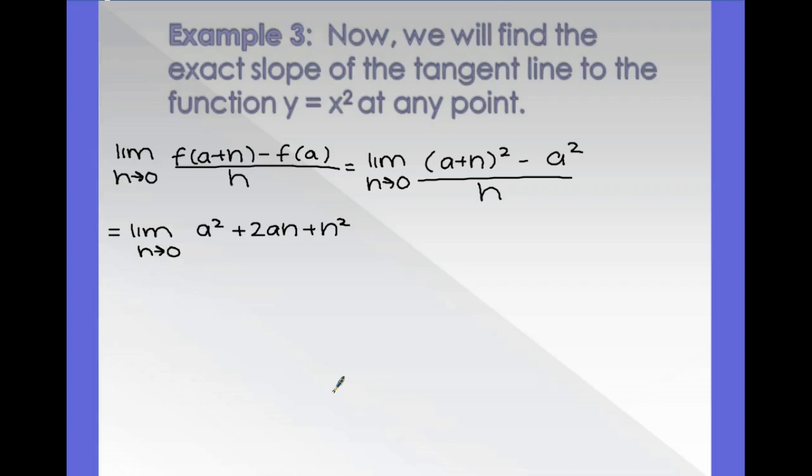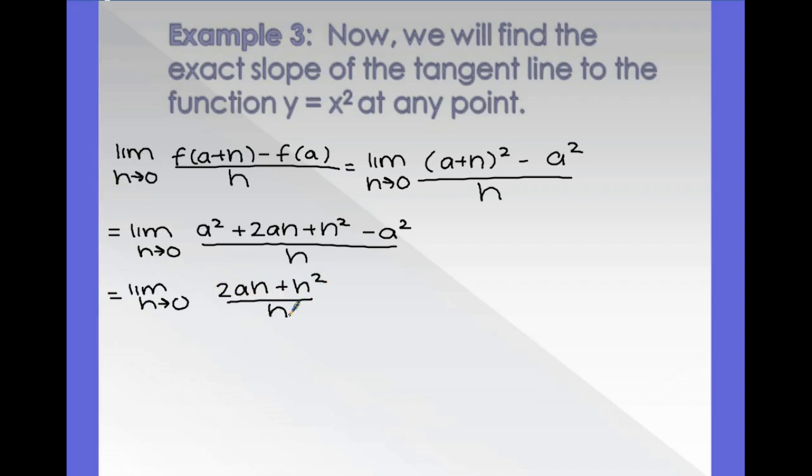So you have a squared plus 2ah plus h squared minus a squared all over h. Cleaning that up algebraically, a squared minus a squared cancel. So you're left with 2ah plus h squared all over h.